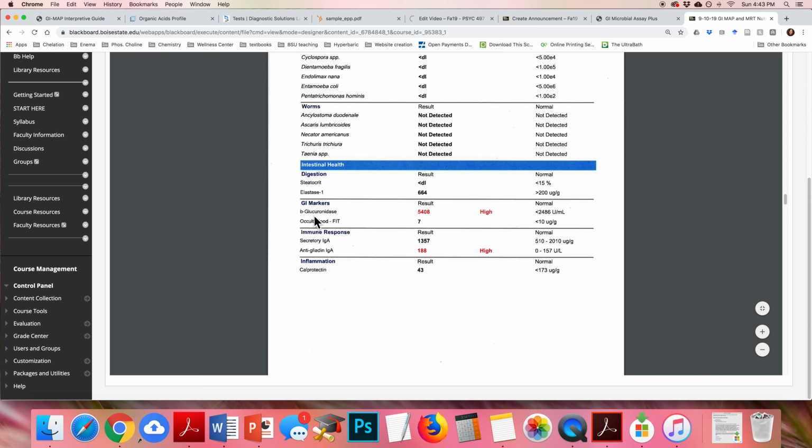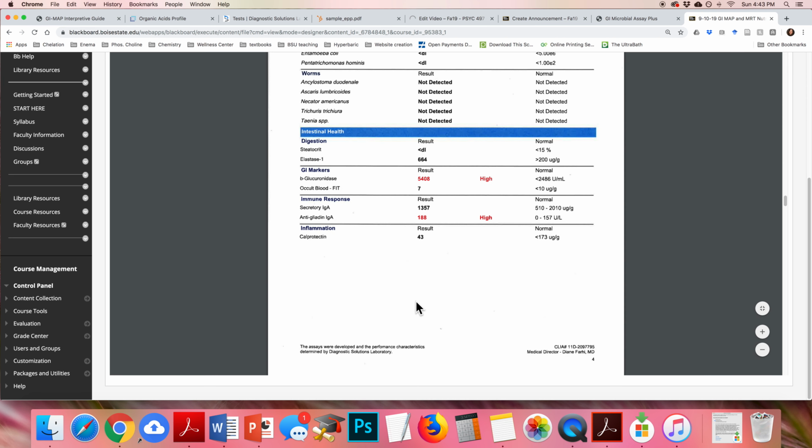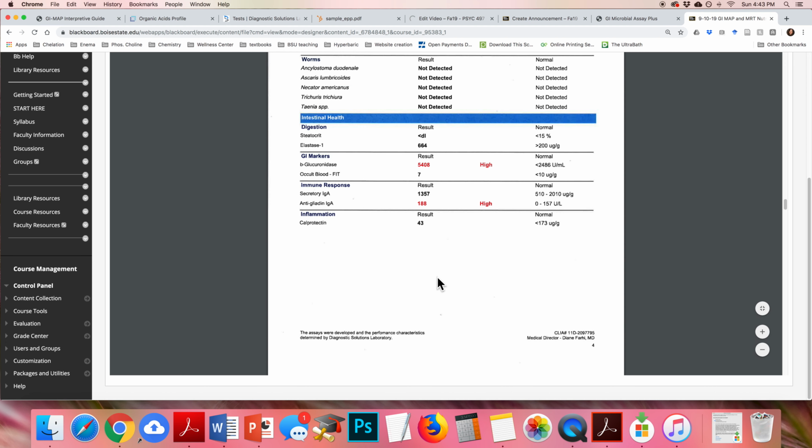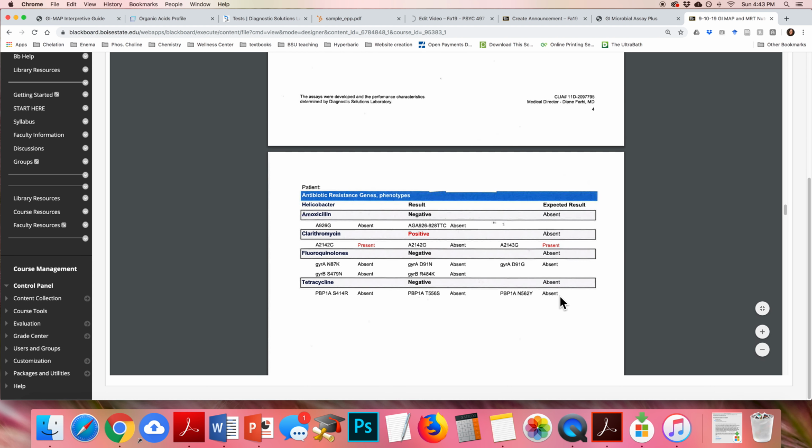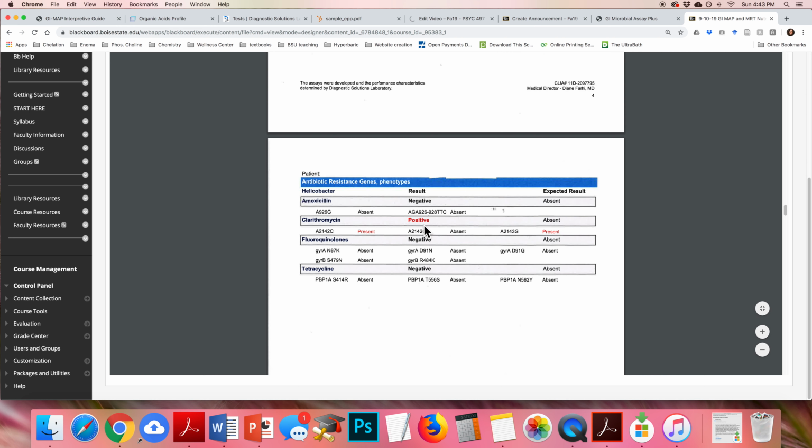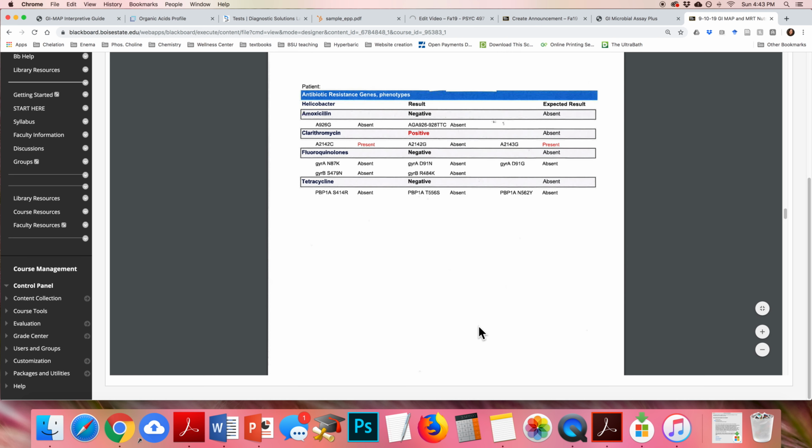Looking at blood in the stool and general intestinal health, it's also really interesting for people with autoimmune conditions, getting your IgA. This is really important to know what this looks like. Clarithromycin is positive, and these are things that speak to antibiotic resistance.